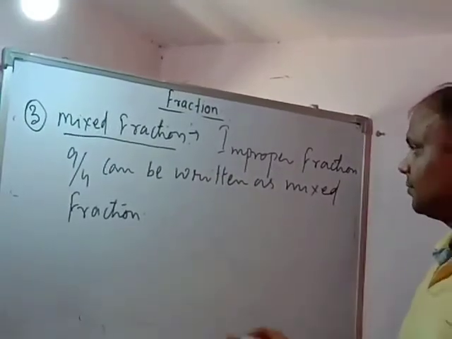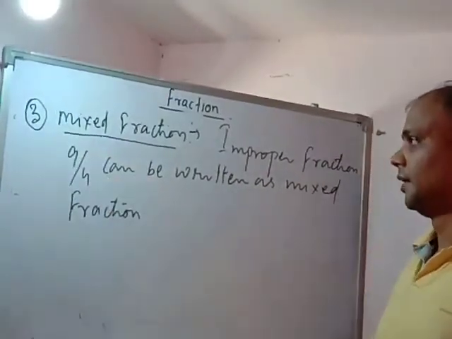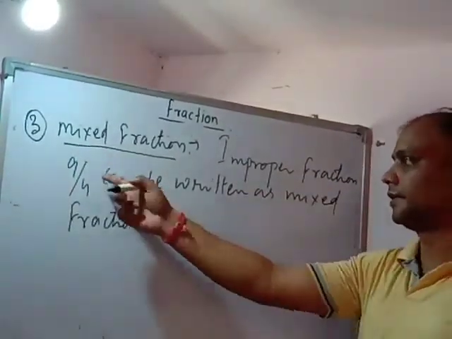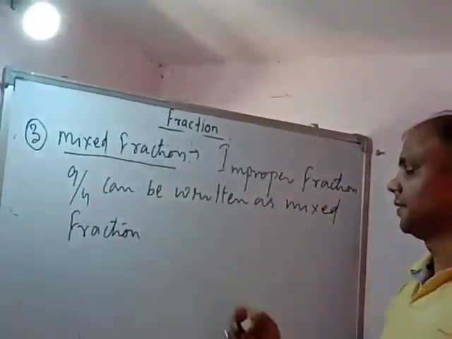Here in 9 by 4, the numerator is greater than the denominator, so it is an improper fraction, and this improper fraction can be written as a mixed fraction.